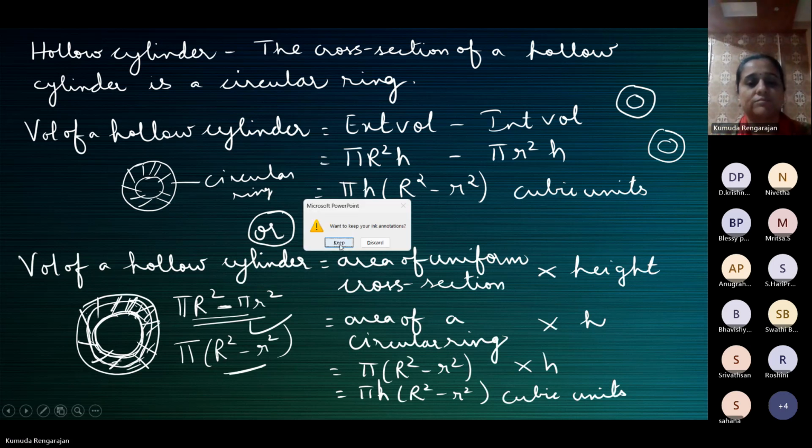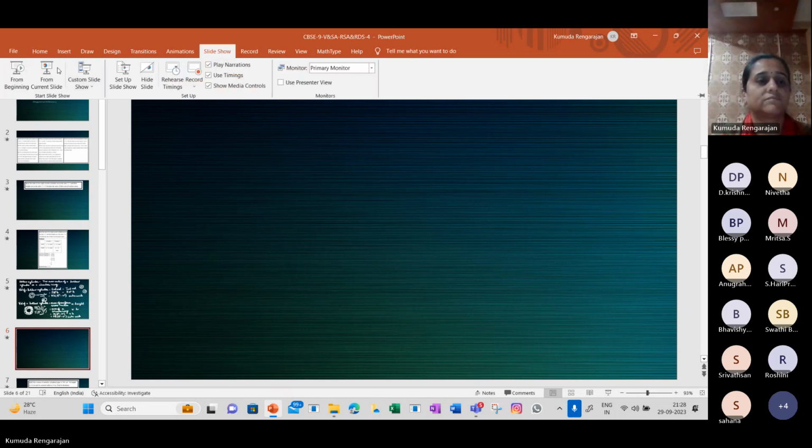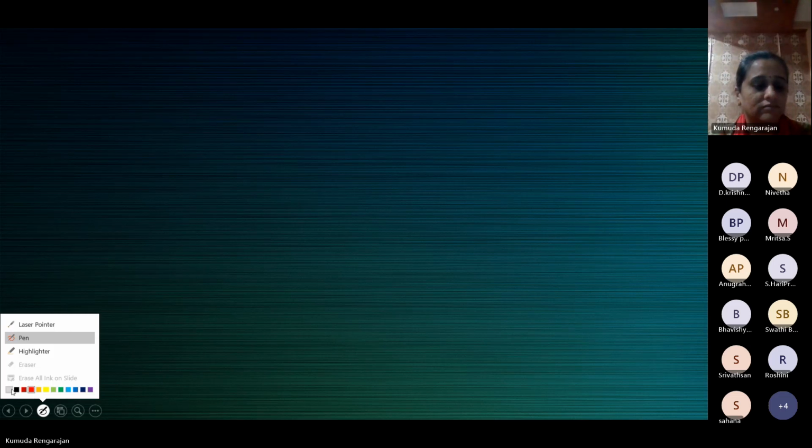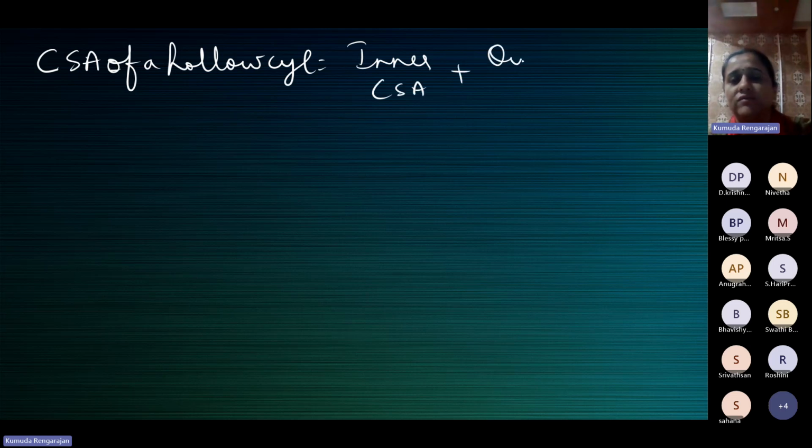Coming to CSA and TSA. The curved surface area of a hollow cylinder is equal to inner curved surface area plus outer curved surface area.